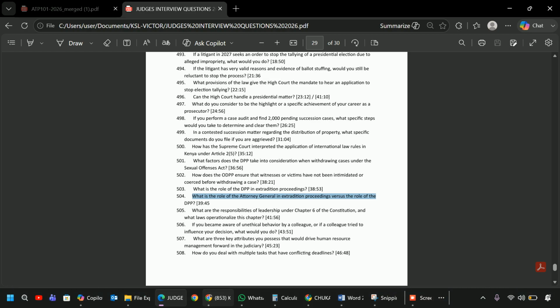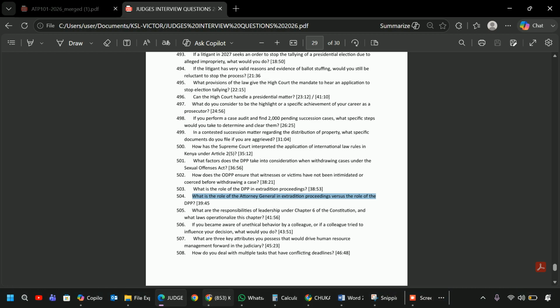A public prosecutor may withdraw a case only with the consent of the court at any time before judgment. This is pursuant to Section 87A of the Criminal Procedure Code. Only with the consent of the court can the DPP withdraw a case. The DPP's discretion is constitutionally constrained, because under Article 157(11) of the Constitution of Kenya, discontinuance must comply with the Constitution and be guided by public interest, the interest of justice, and avoidance of abuse.